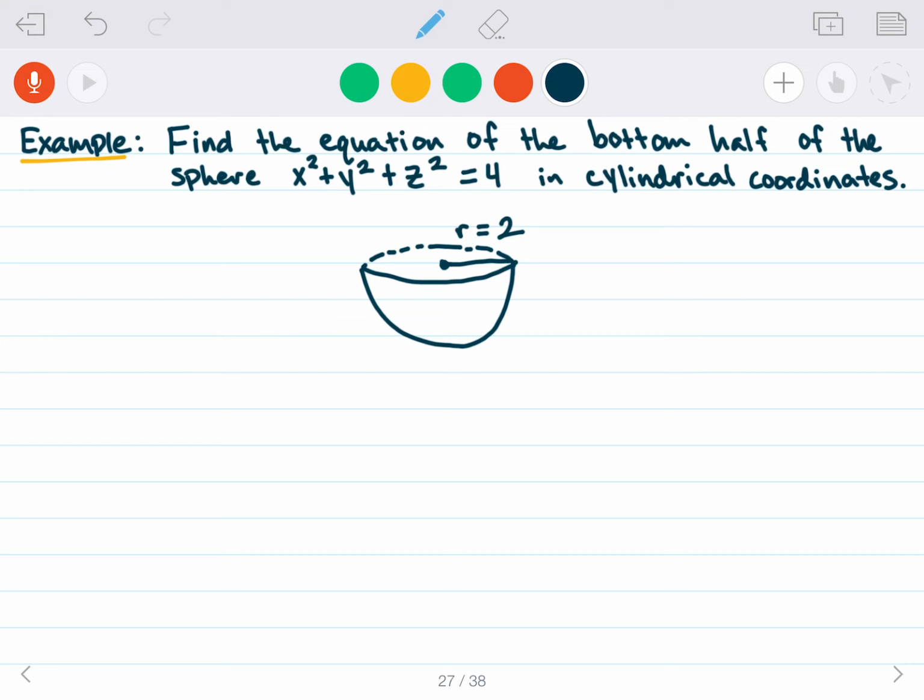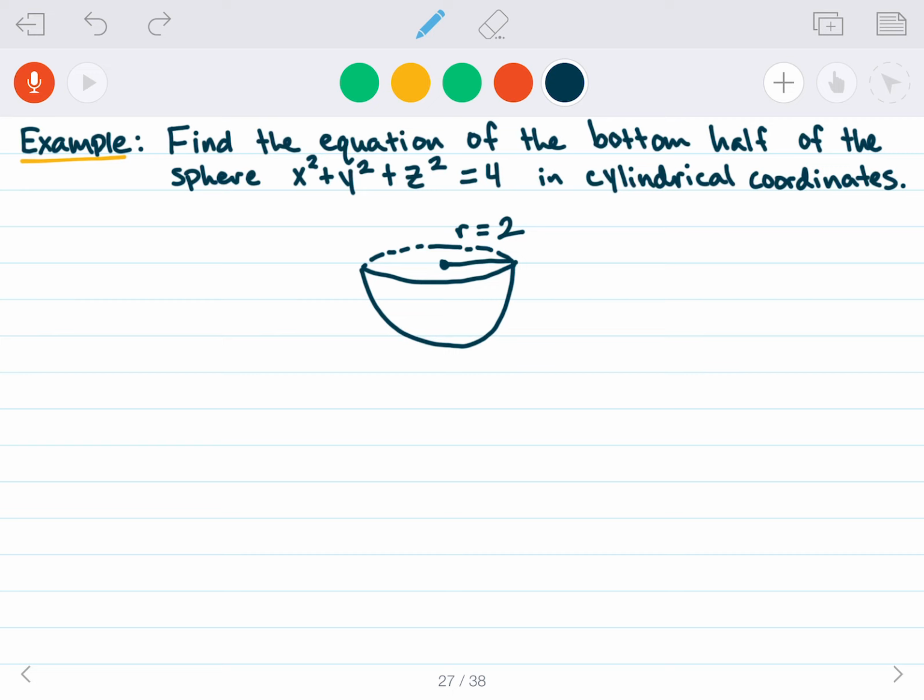Okay, so let's go ahead and use our polar identities to figure out what this equation is in cylindrical coordinates. So again, we're just replacing x and y with our polar stuff, and we're leaving z as it is.